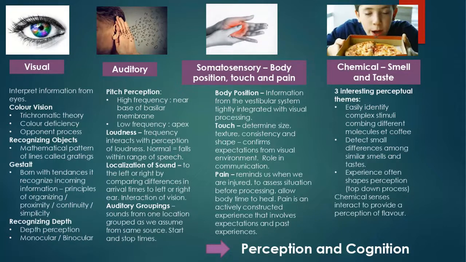It's also about recognizing objects. So we see things in color, we see things in shapes. So there's a mathematical pattern of lines called gratings, and how we interpret those gratings will help us see objects.